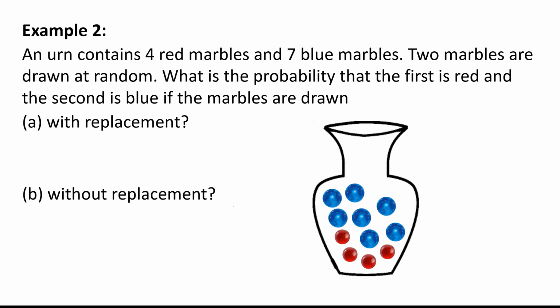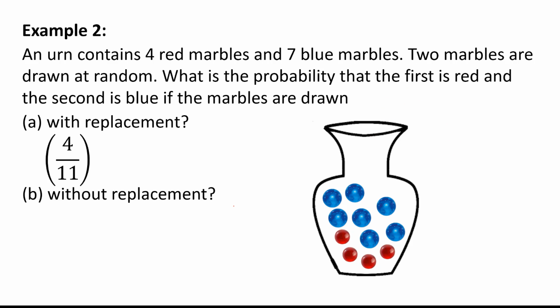So in part A, you pull out a marble and we're trying to see the probability that the first is red. The probability that the first marble is going to be red is 4/11. There are 11 marbles, 4 of them are red. And so you pull that marble out and you put it back in.